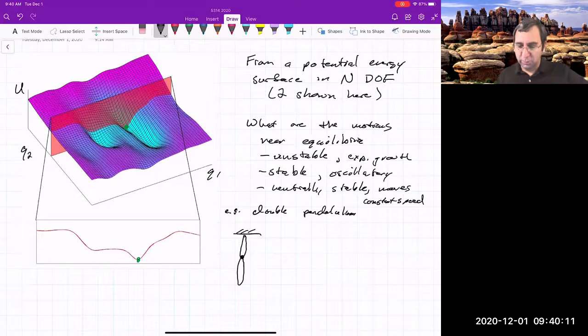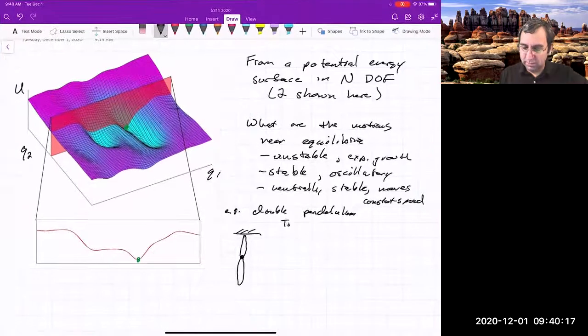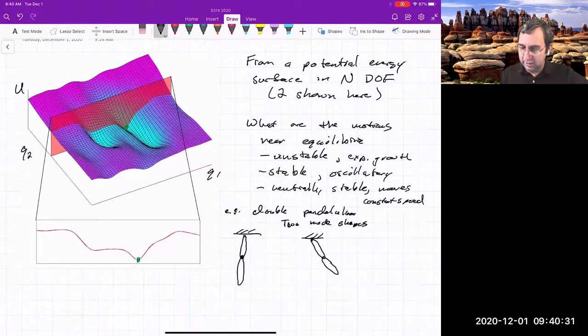If you were to solve for the modes near this equilibrium, you would get 2 mode shapes. These are natural modes or normal modes, the purely periodic modes. And one of them is that this link stays rigid and the thing just moves as if it's one pendulum.